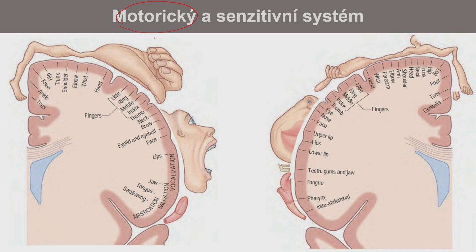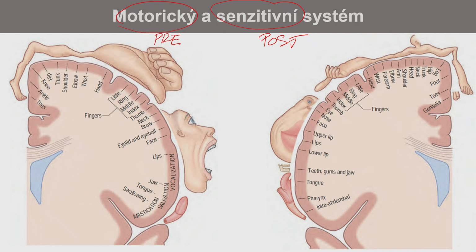Motor is pre and sensoric is post. And on those two images from Gray's Anatomy, you can see very well how the regions for motor and sensoric functions are distributed.